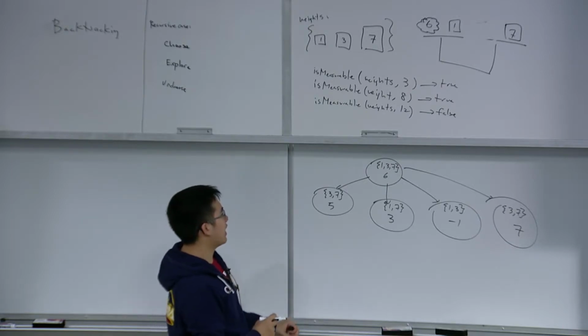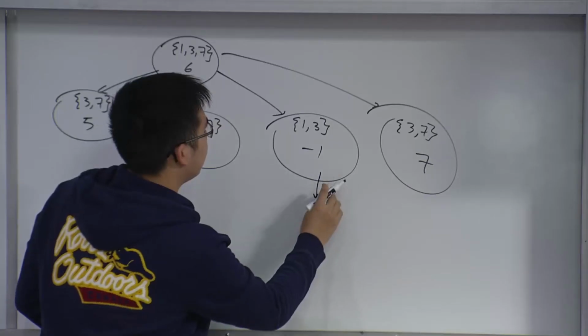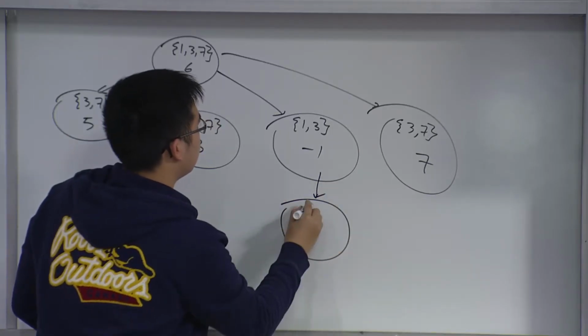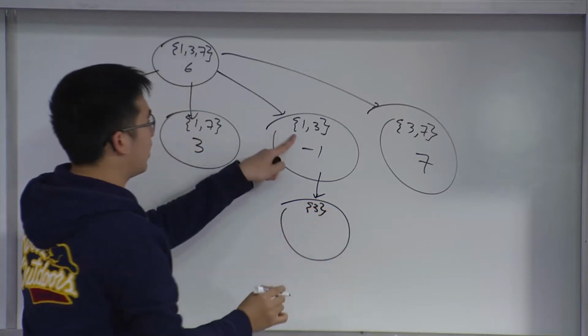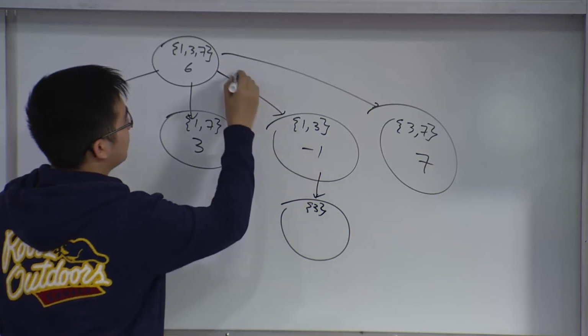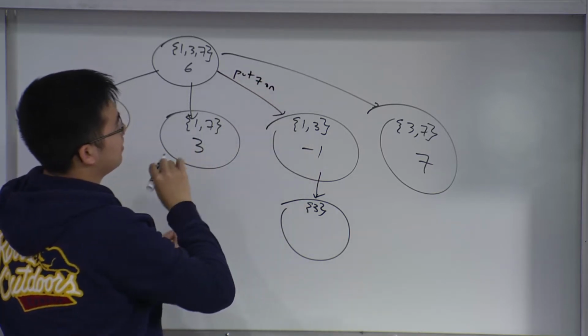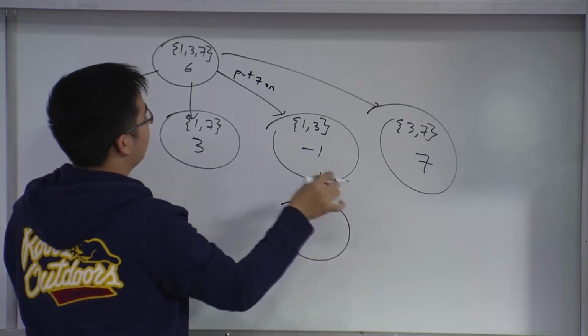Okay, so let's see. For example, okay, this is good. I could put the 1 on the... So here, this path is put 7 on the right.